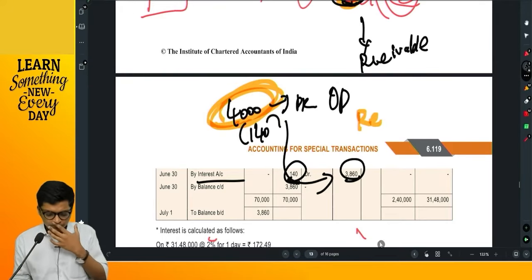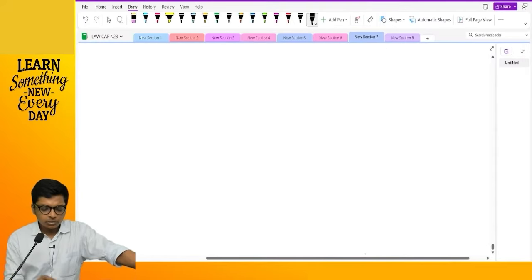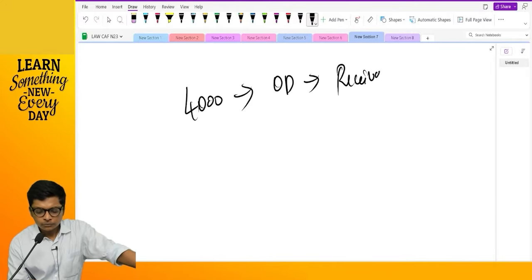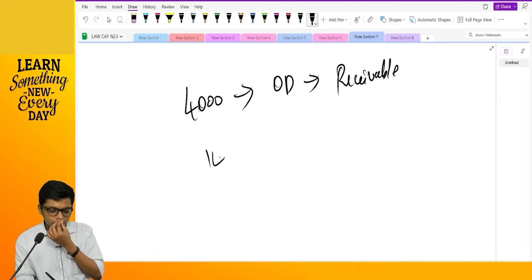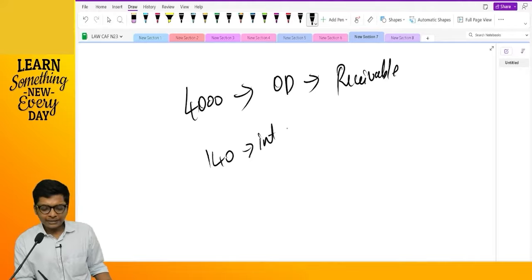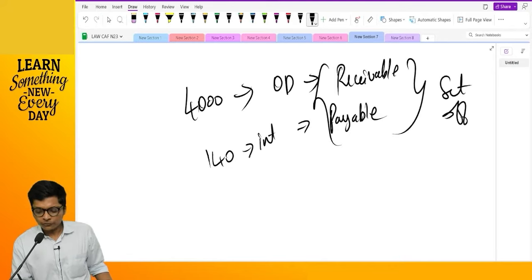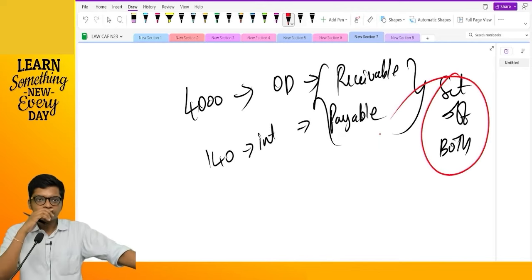So set off both. In other words, 4,000 is OD, for the bank it is receivable. 140 interest is payable. Set off both. Is that clear, guys?